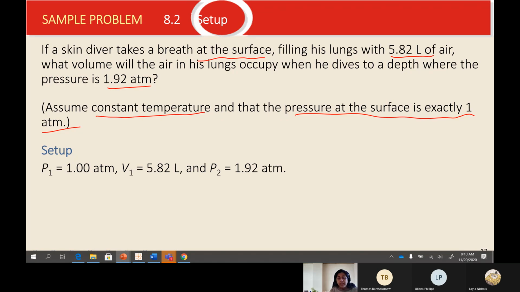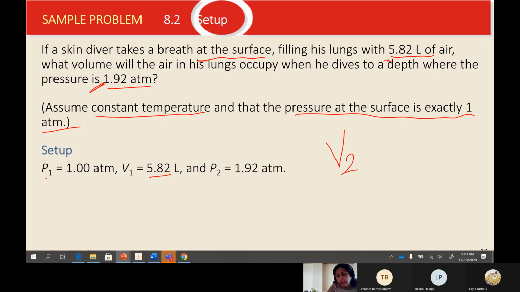Okay, we are asked to assume that these two scenarios happen at constant temperature, and we are given the pressure at the surface as 1 atm. So P1, pressure 1, equals 1.00 atm, and the volume 1 equals 5.82 liters, and the second pressure is given as 1.92 atm, and we are looking for what?